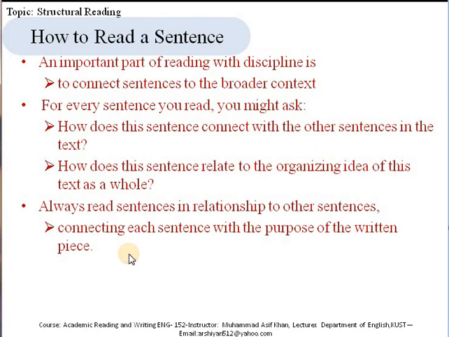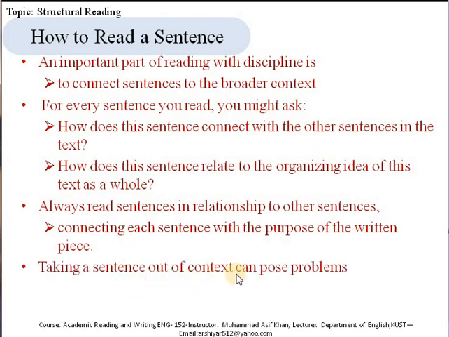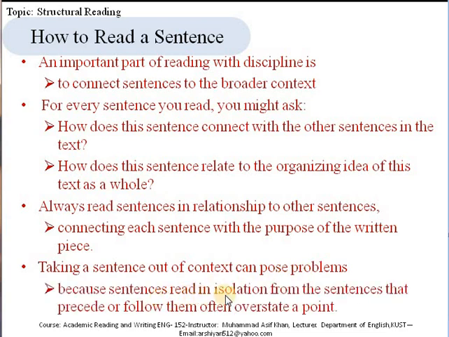Taking a sentence out of context results in many problems, because sentences read in isolation from the sentences that precede or follow them often result in exaggeration, or we overstate a point. We know that the sentences that precede or follow usually clarify the author's true meaning, or bring it in line with supporting facts.